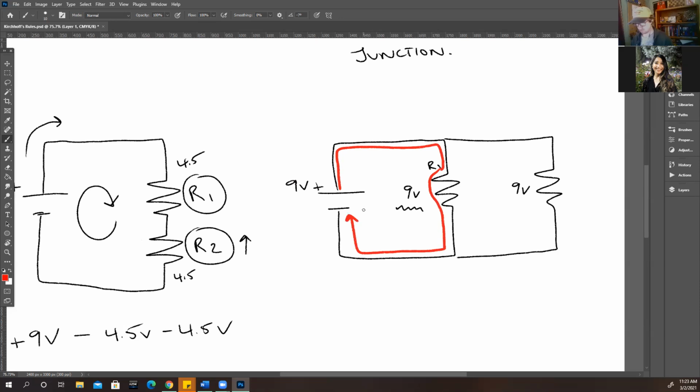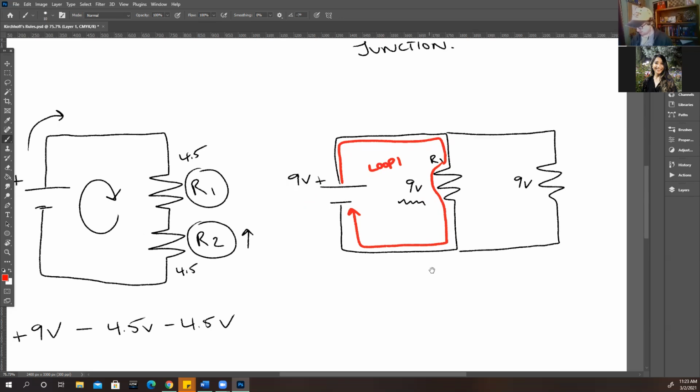That is a small loop, and we'll call that loop 1. And within loop 1, there's one battery and one resistor.